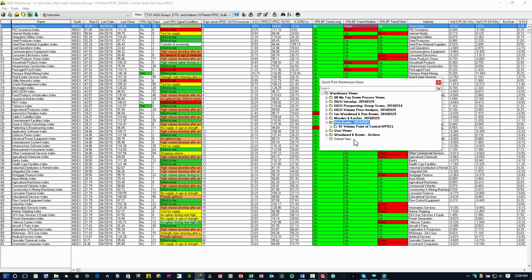My point of emphasis now is volume price analysis, and going forward I think that will be the case, and I will of course integrate this with Woodward and Brown techniques also.